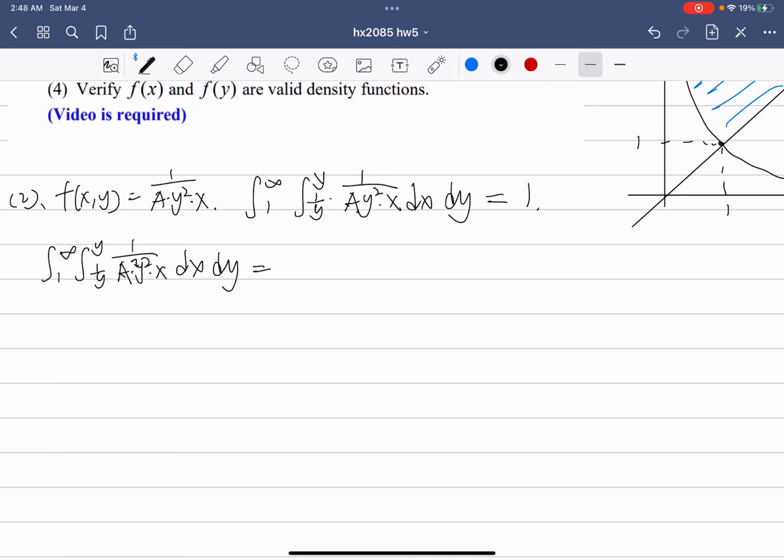So it equals the integral from 1 to infinity of 1 divided by a times y squared, and the integral from 1 divided by y to y of 1 over x dx dy.